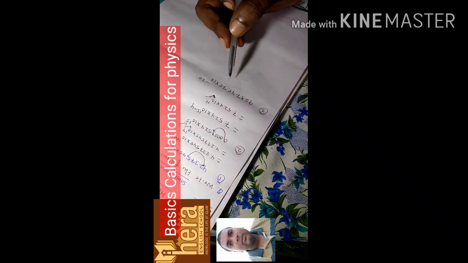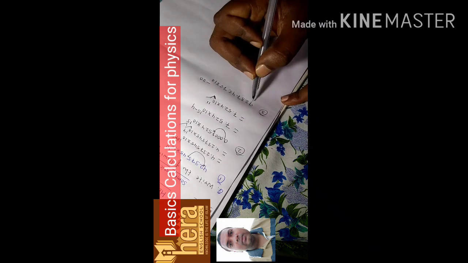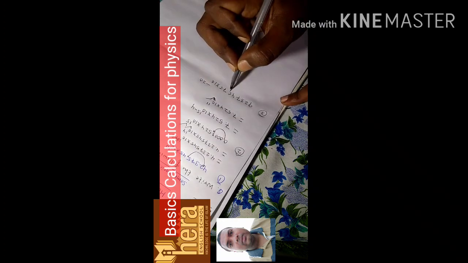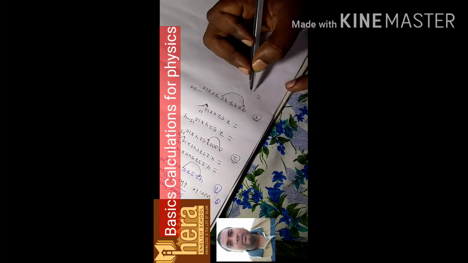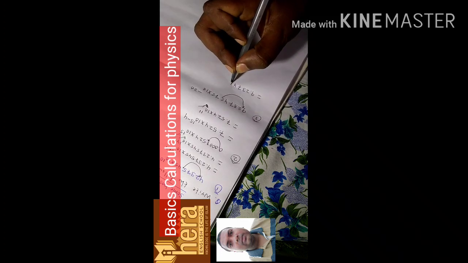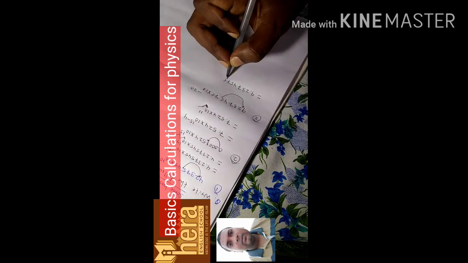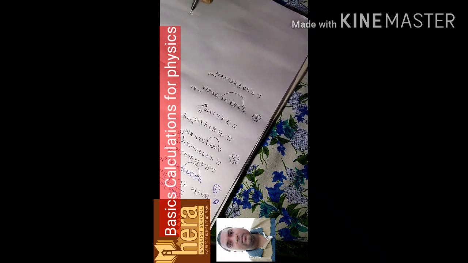It means in scientific notation, the point should be after one digit. So you have to shift this point from here to here. Then this will be equal to 9.2374575 into 10 raised to minus 20.